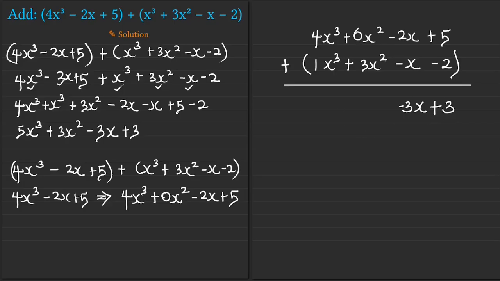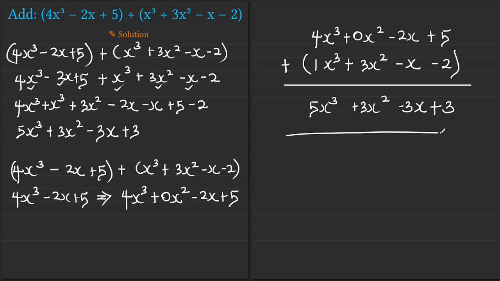Then we have 0x squared plus positive 3x squared. That also gives us a positive 3x squared. Then for the last one, we have 4 plus 1, and they are all cubes. So we have 5x cubed. This is what we have.